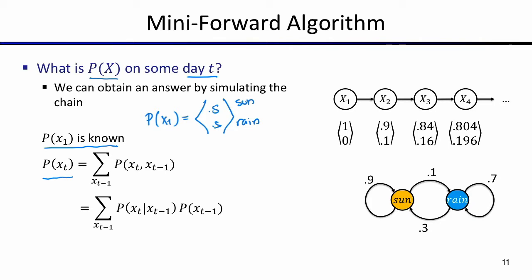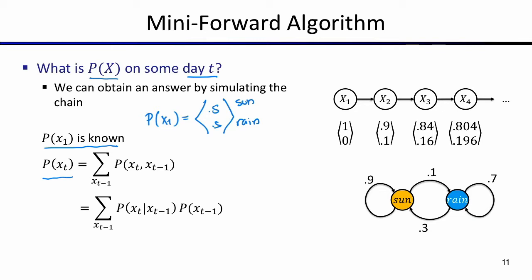We will compute that from xt minus 1, and from xt minus 1 we're going to apply the transition probabilities and compute xt. So you're going to make a chain. If I want to compute for t equal to 5, I will need to compute first x2, then x3, then x4, and from x4 I will compute x5.